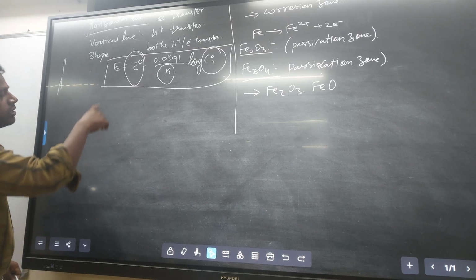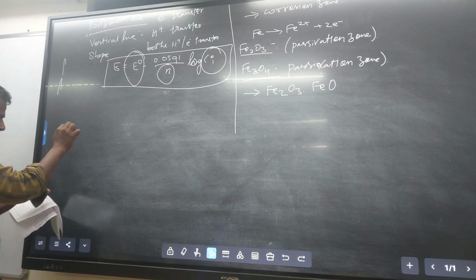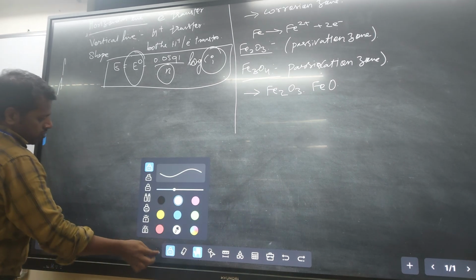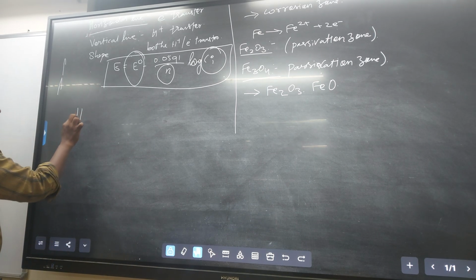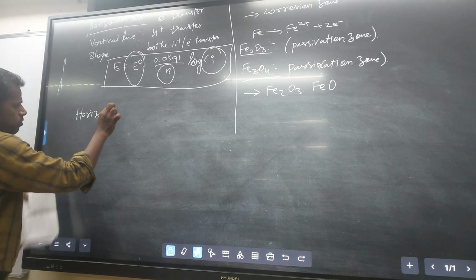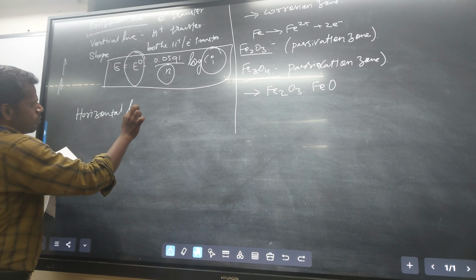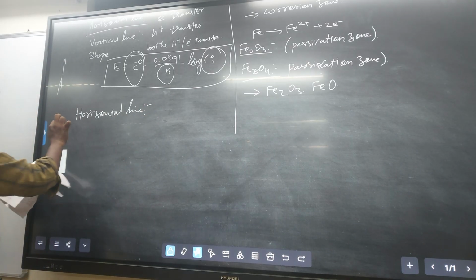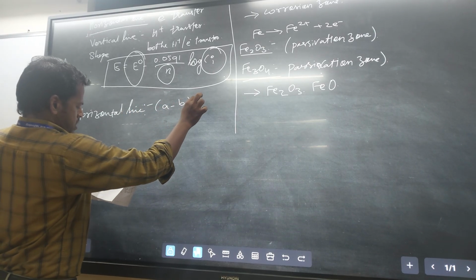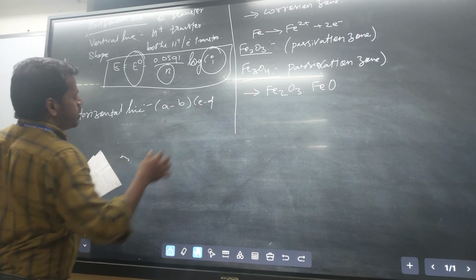And the next, the horizontal line. You take a horizontal line, that is AB and ED. Am I right?